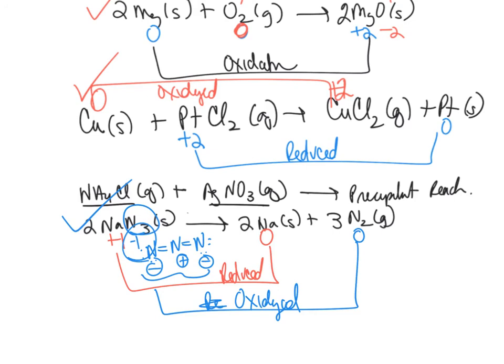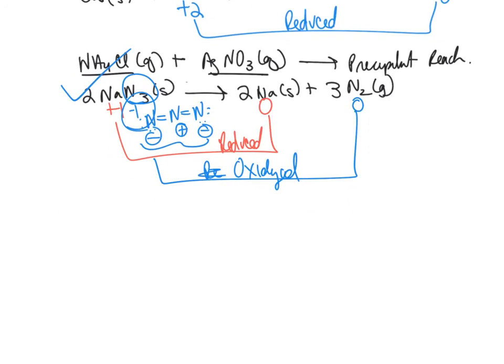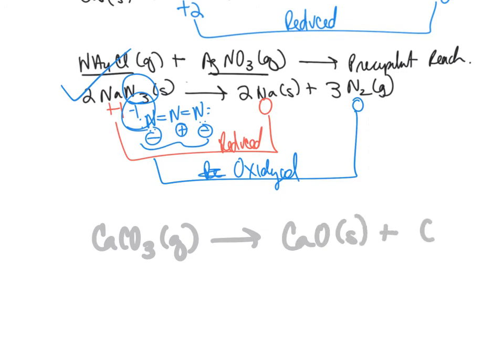And then the next one is decomposition. Calcium carbonate is going to calcium oxide plus carbon dioxide gas. And let's see if we have an oxidation state. We have a compound, so this is +2, and this is -2. But we really have to break each one of these down. So this one is -2 for oxygen in a compound, and there's -6 there.